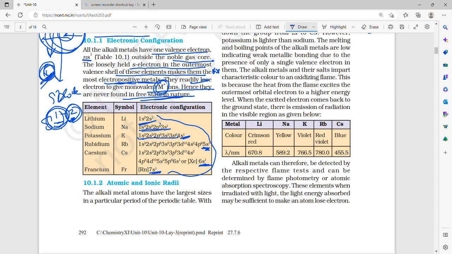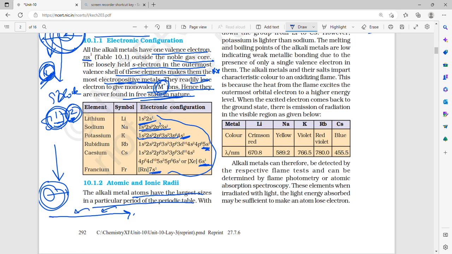Atomic and ionic radii. The alkali metal atoms have the largest sizes in a particular period. How? We know that when we go down the group, one shell keeps getting added, so the radius increases. Therefore down the group atomic radii increases. But while going across a period, one electron keeps getting added.